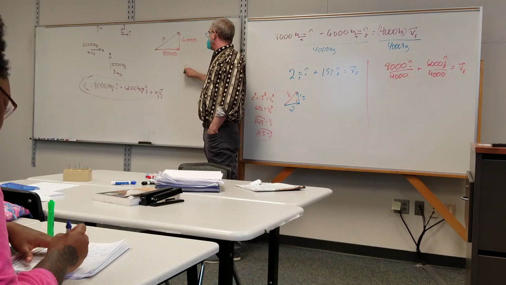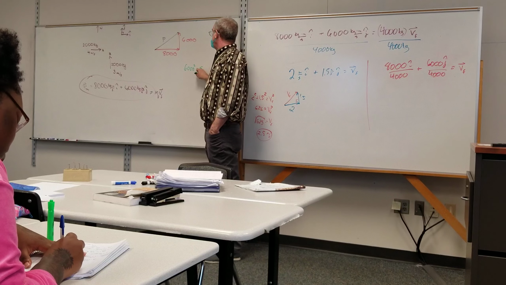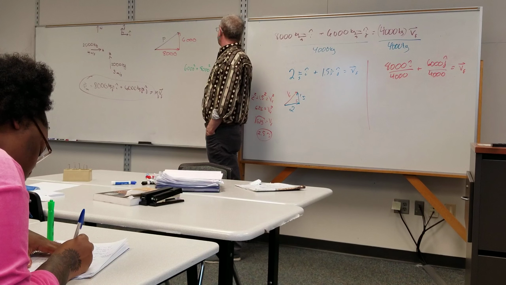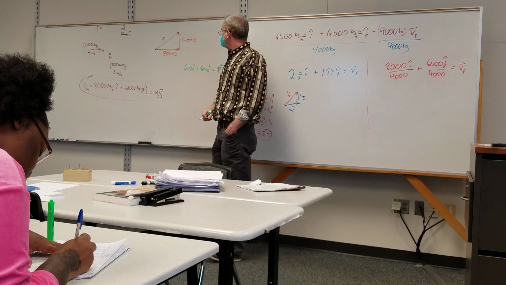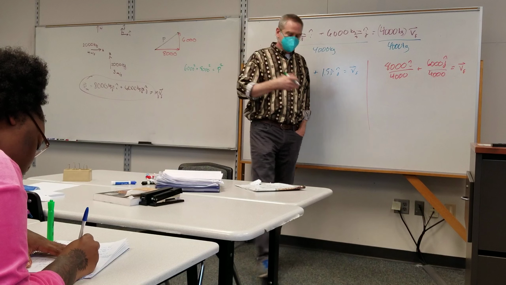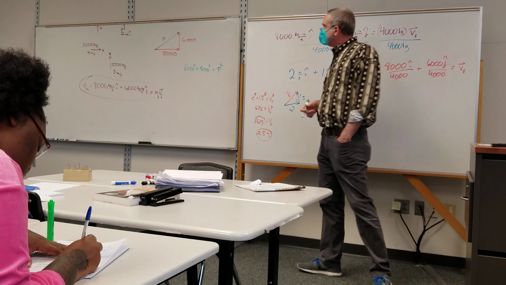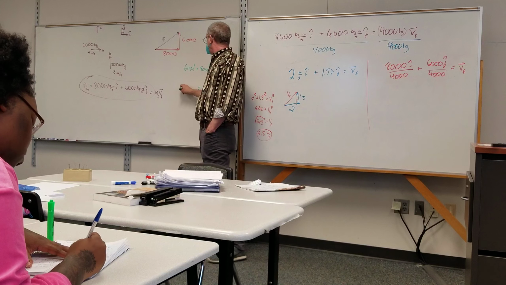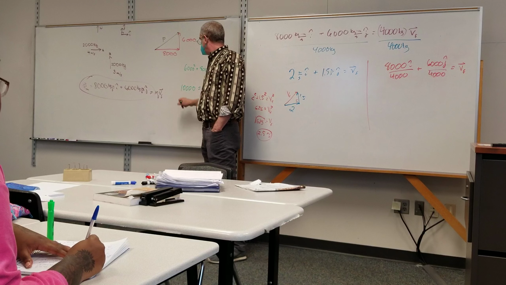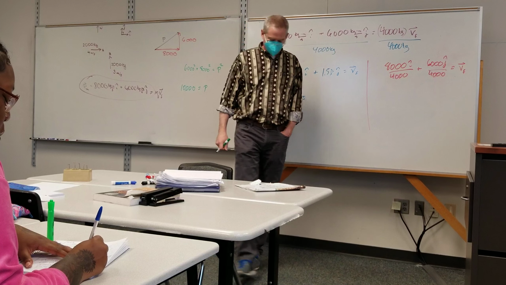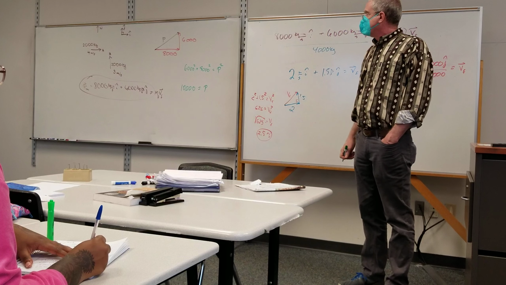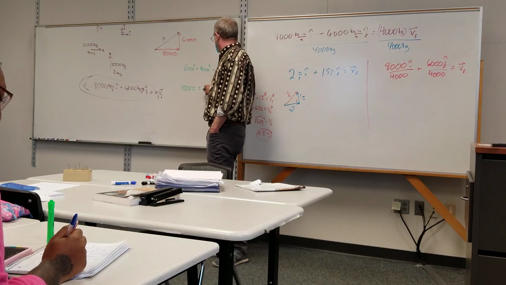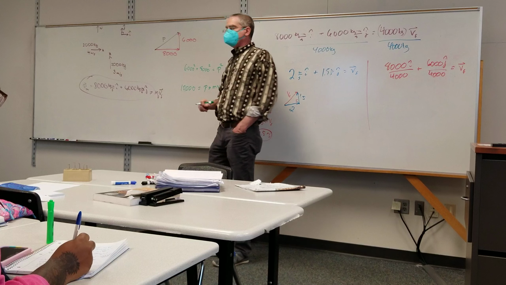So 6,000 squared plus 8,000 squared is equal to my momentum squared, or R squared, or whatever letter you happen to use. I think P comes out to be 10,000. So that's the magnitude of my momentum, and that's got to be equal to my mass times my speed.